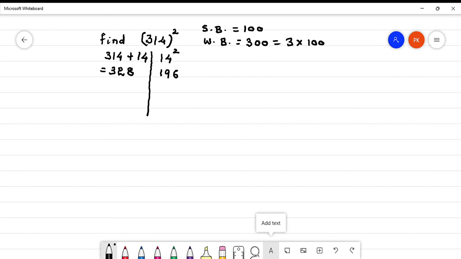Now since the working base is 3 times the standard base, I'll multiply 328 by 3. And 328 multiplied by 3 is 984.